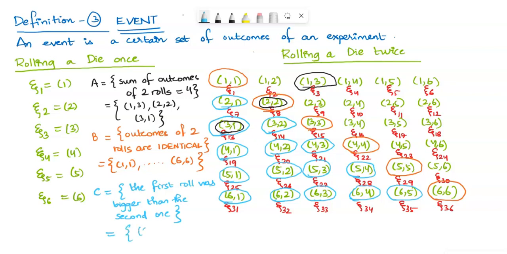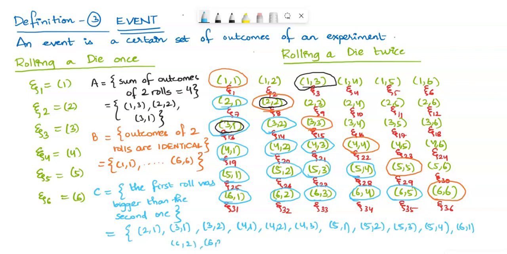So it will have 2, 1, 3, 1, 3, 2, 4, 1, 4, 2, 4, 3, 5, 1, 5, 2, 5, 3, 5, 4, 6, 1, 6, 2, 6, 3, 6, 4 and 6, 5.